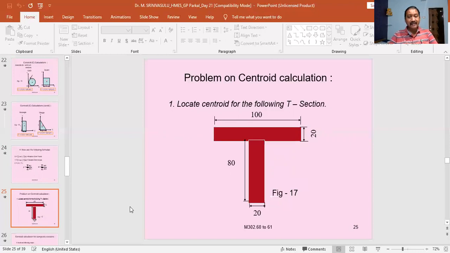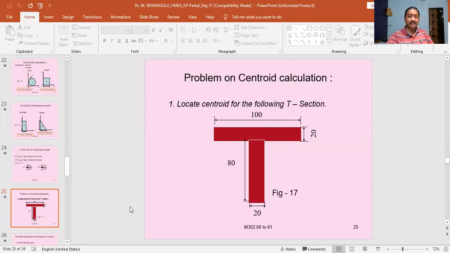So this is the 100 by 80 by 20 T section. This T section can also be described as 100 by 80 by 20, where 100 means the width, 80 means the height of the web, and 20 means the thickness.